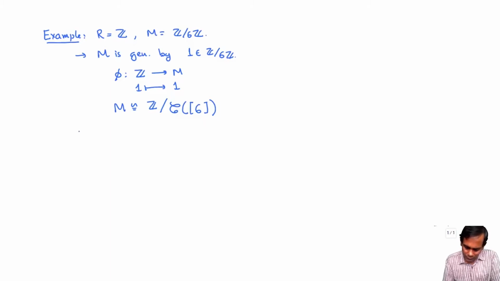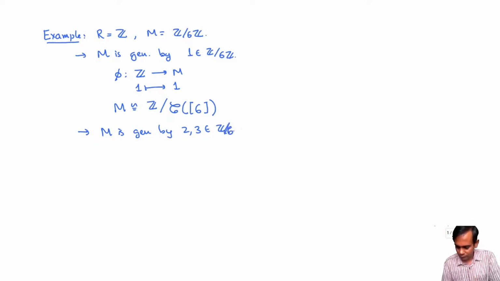But well, there are other ways to do this too. M is also generated by 2 and 3 in Z mod 6Z. And so we would then define phi from Z squared to M by taking a comma b goes to 2a plus 3b in Z mod 6Z.